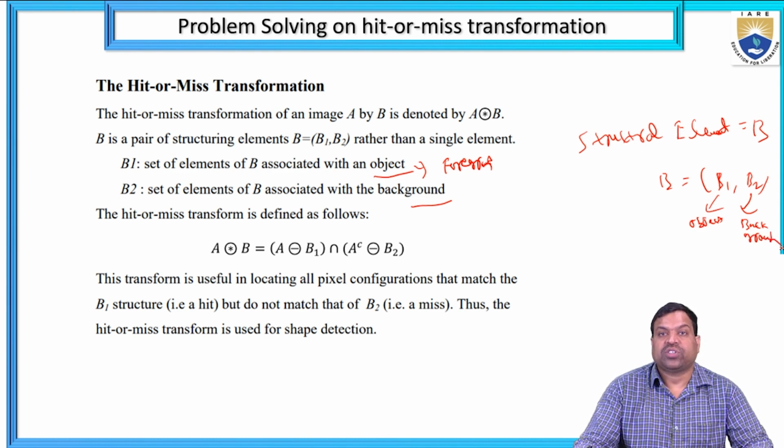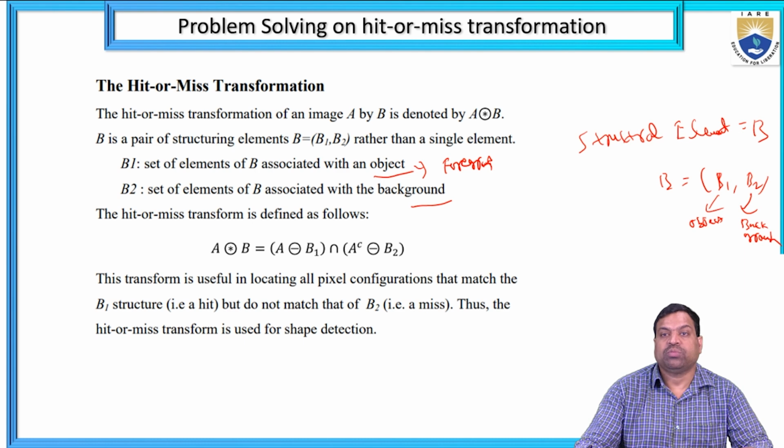So the hit or miss transform of an image A by B is denoted by A ⊛ B. B is a pair of structuring elements, that is B equal to B1 comma B2, the object with foreground rather than a single element. Here B1 equals the set of elements of B associated with an object, and B2 equals the set of elements of B associated with the background.